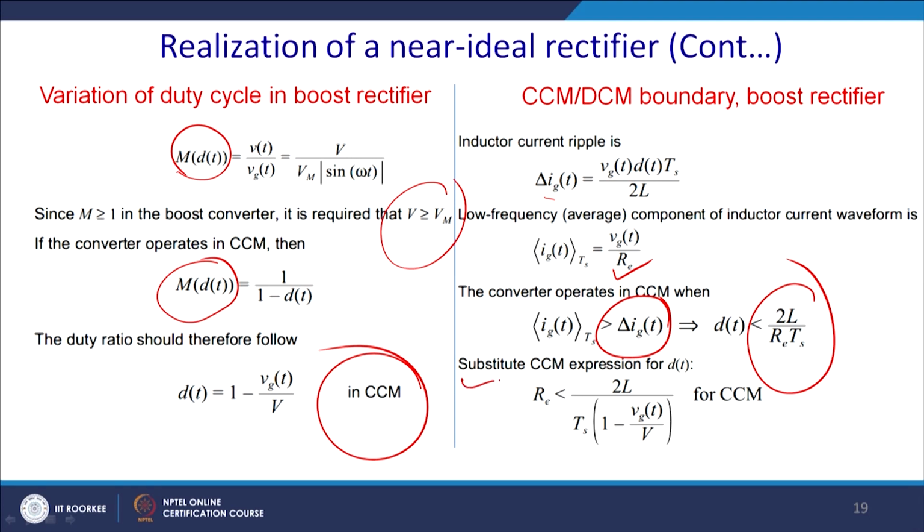So, we can substitute here, and substituting that we get that Re should be less than this expression, that is 2L by Ts times 1 minus Vg(t) by V, and this system will operate in the continuous conduction mode, and analysis is quite easy in a continuous conduction mode. Once it becomes discontinuous conduction mode, it becomes very difficult to maintain THD.